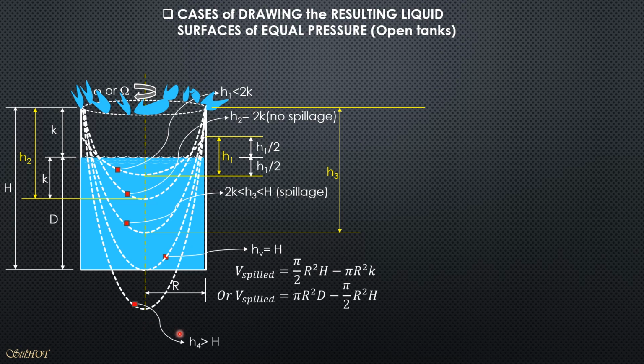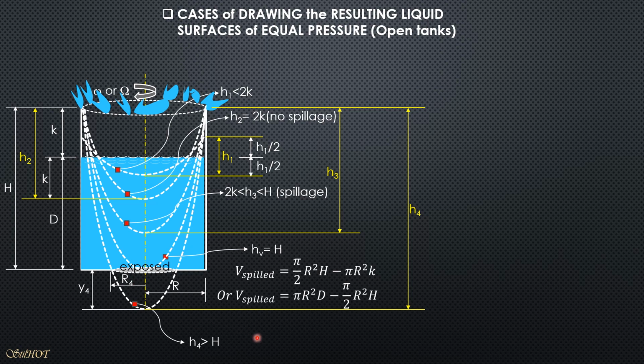We will denote this as the case where H4 is greater than big H. So this is now exposed.